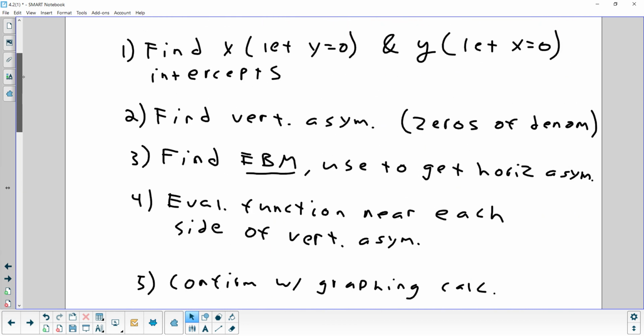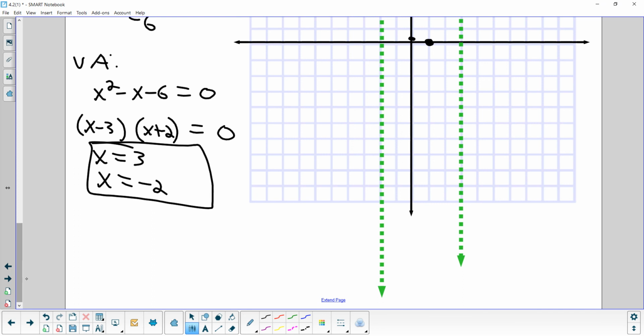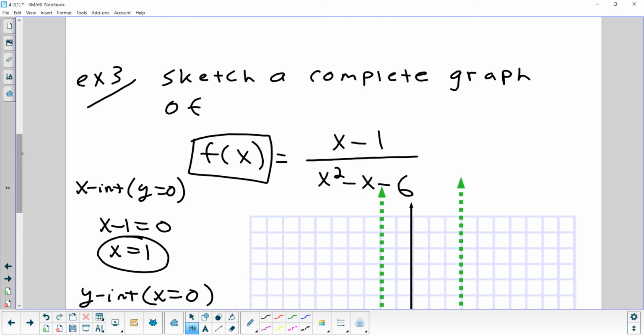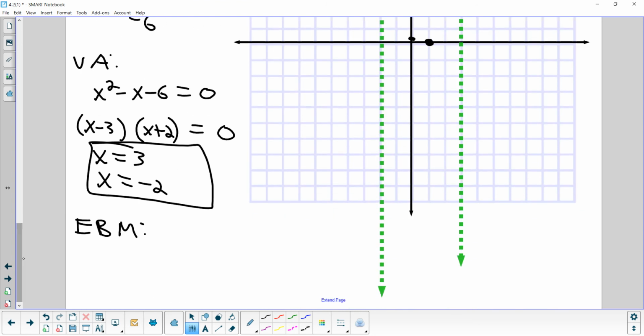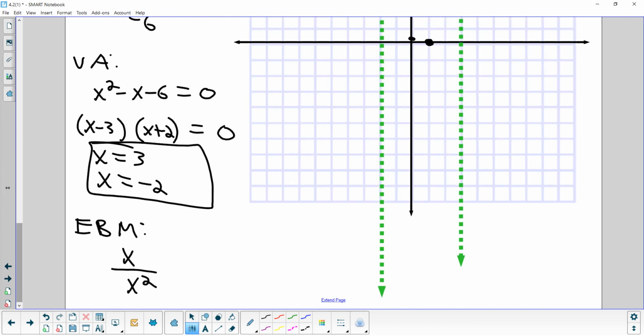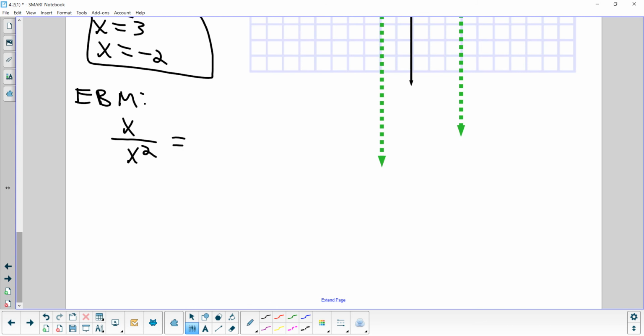What else can I find? The end behavior model. What is the end behavior model in the top? X. What's the end behavior model in the bottom? X squared. And what does that reduce to? 1 over x, yes.